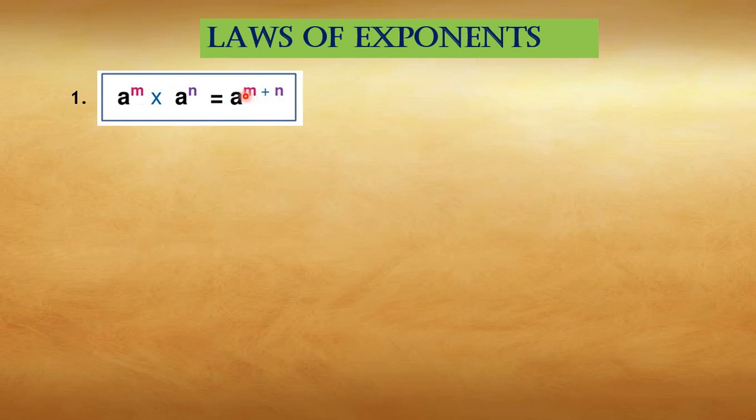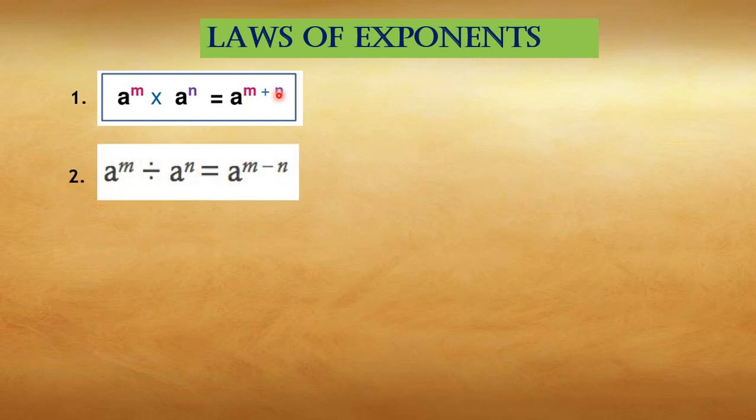With the same base, exponents are added. When the same base is given and the two exponential forms are divided, we get a raised to the power m minus n.